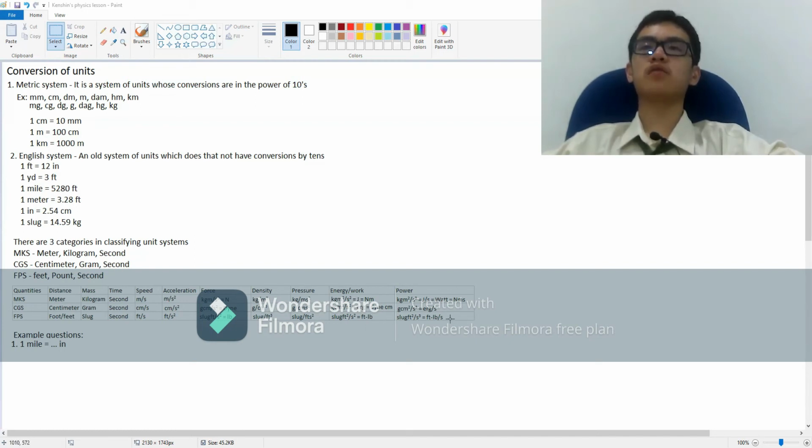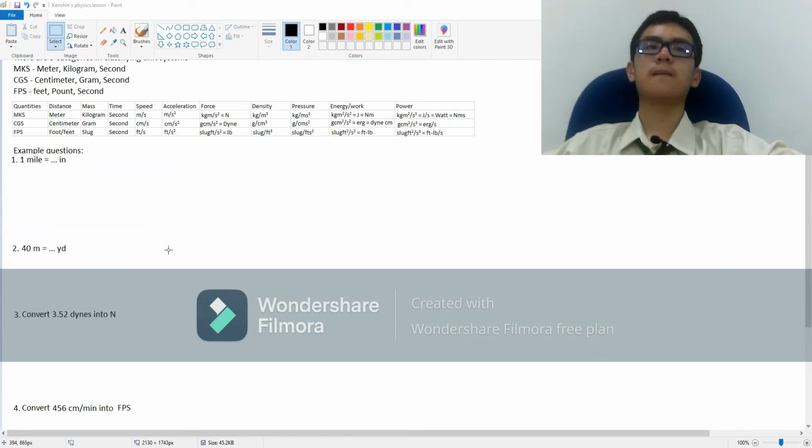For power, we have watts for MKS, or kilogram meters squared over second cubed. Ergs per second for CGS, or grams centimeters squared over second cubed. And foot-pounds per second or slug feet squared over second cubed for FPS.